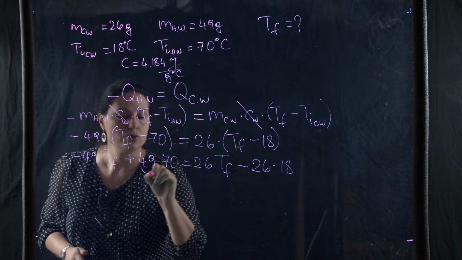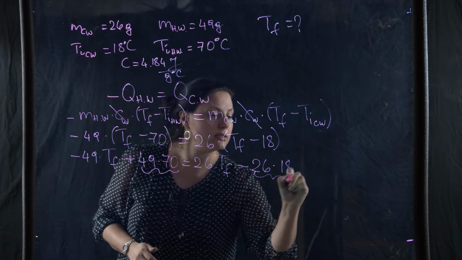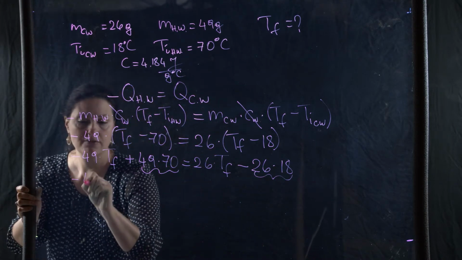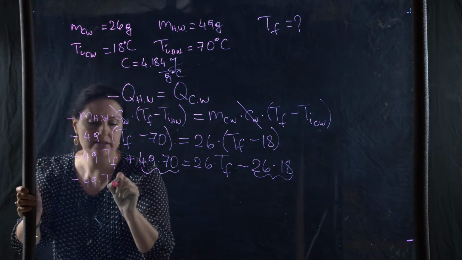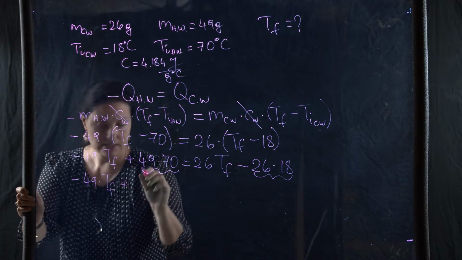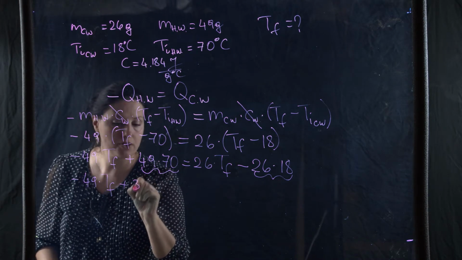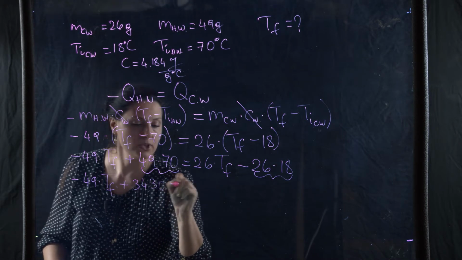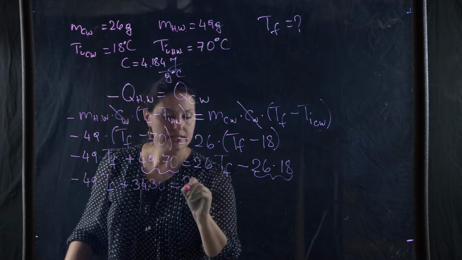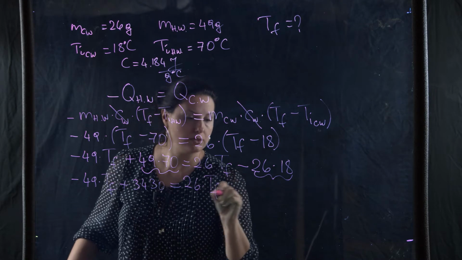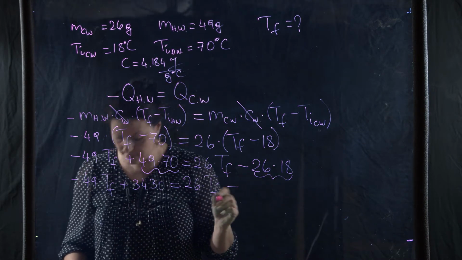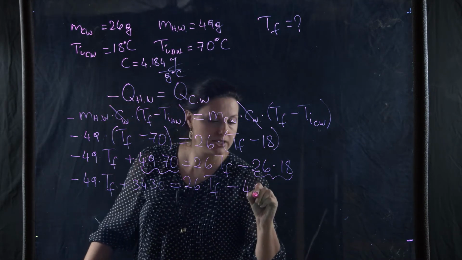Okay, now I can do these products. Minus 49 times T final plus 49 times 70 gives me 3430, is equal to 26 times T final minus 26 times 18, which gives me 468.